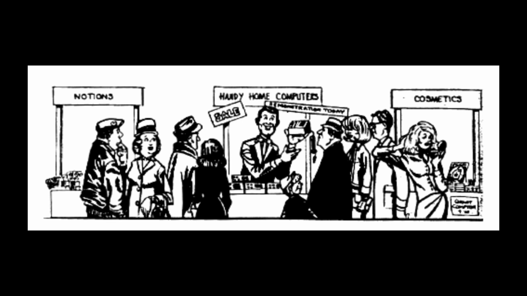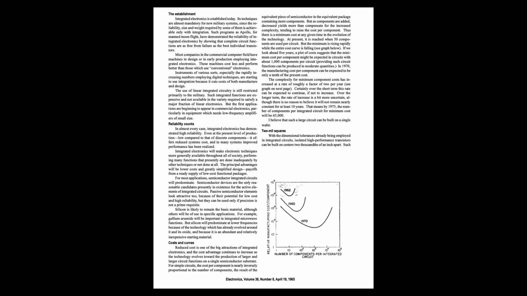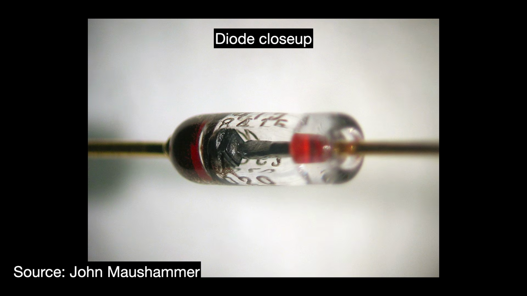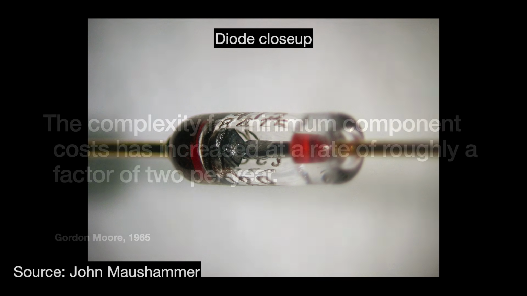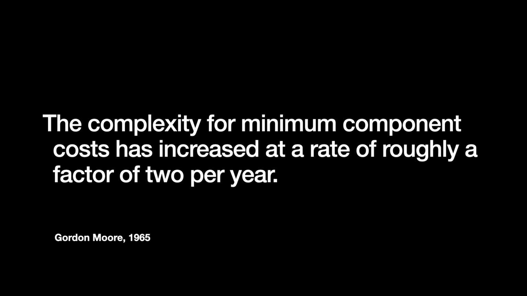In a section titled Cost and Curves, he notes that in 1965, the most economical IC, meaning to have the lowest per component cost, had about 50 components. The term component was then defined as a function or device including diodes and resistors, in other words, more than just transistors. He writes, the complexity for minimum component costs has increased at a rate of roughly a factor of 2 per year.